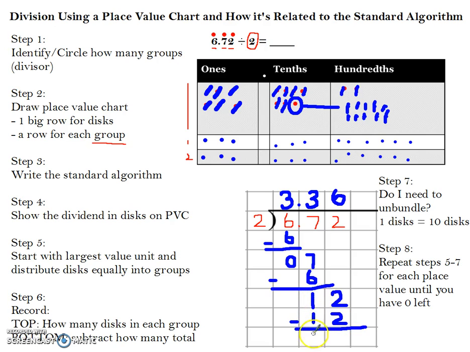Then subtract 0. I went until I had 0 left, and I don't have any more discs in any more columns, so I'm done. My answer to the problem of 6 and 72 hundredths divided by 2 is 3 and 36 hundredths.